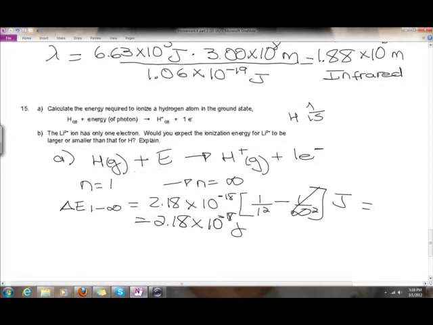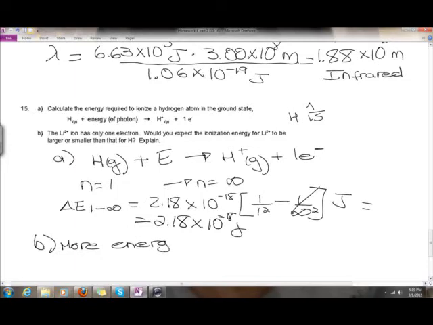So what do you think is going to happen? It's a higher energy level because you're taking an electron, the only electron left, in which you have 3 protons in the nucleus. It's going to pull it harder. So it's going to require more energy to pull it out. And that's the reason. Don't forget the reason, more energy.